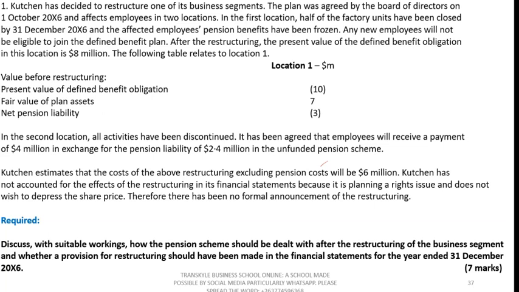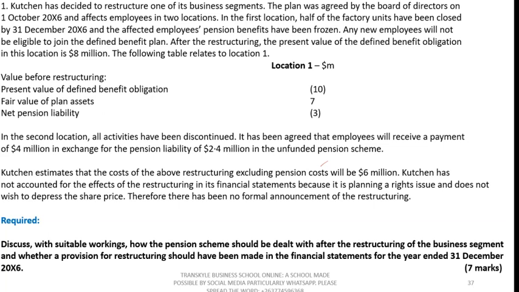As you can read here, in the first location, half of the factory units have been closed by 31st December 2006, and the affected employees' pension benefits have been frozen. Any new employees will not be eligible to join the defined benefit plan. After restructuring, the present value of the defined benefit obligation in this location is 8 million. The following table relates to location 1.